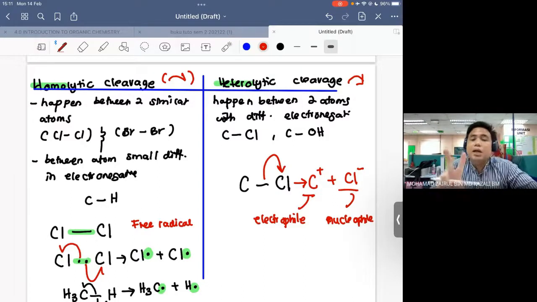Since this type of reaction involves bond breaking, it doesn't matter whether homolytic or heterolytic, both require energy. Homolytic cleavage requires energy because we want to break the bond, and the same goes for heterolytic cleavage, which also requires energy in order to break the bond between the molecule.